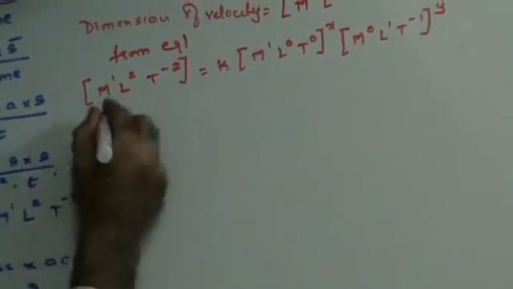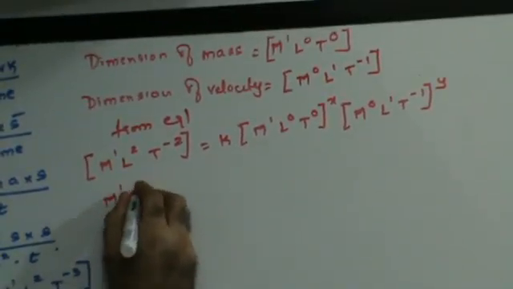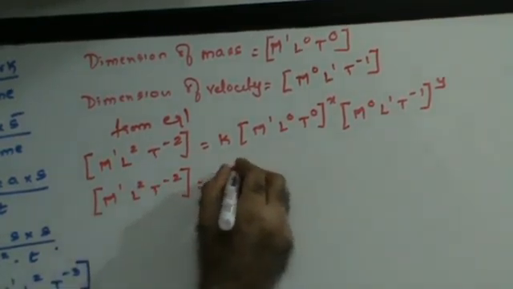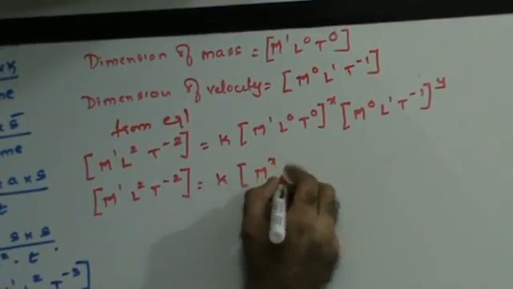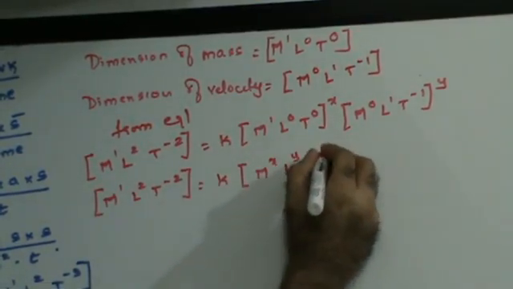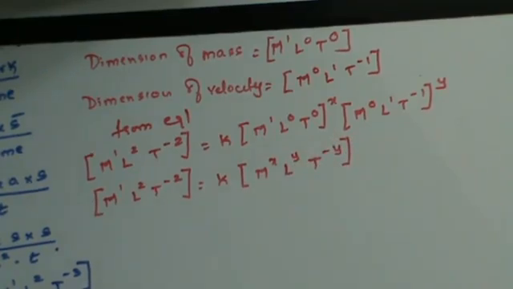In this case, I can say that M1 L2 T^-2 is equal to k times m raised to x, L raised to y and T raised to minus y, right?